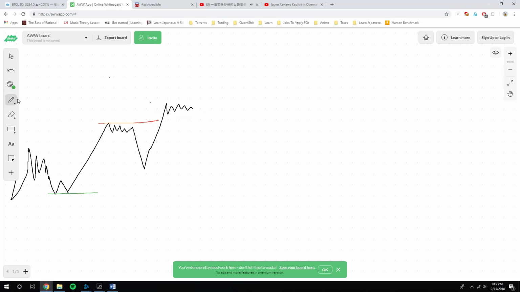Since I'm explaining resistance here, let's talk about resistance. In the case of resistances, we can actually overshoot the resistance, break above this level and then go back down.